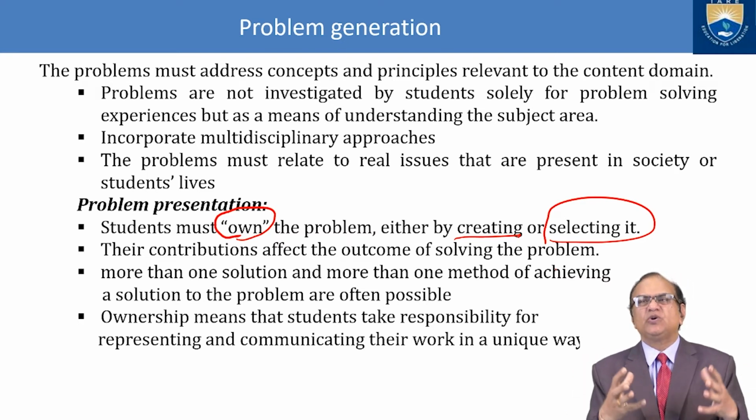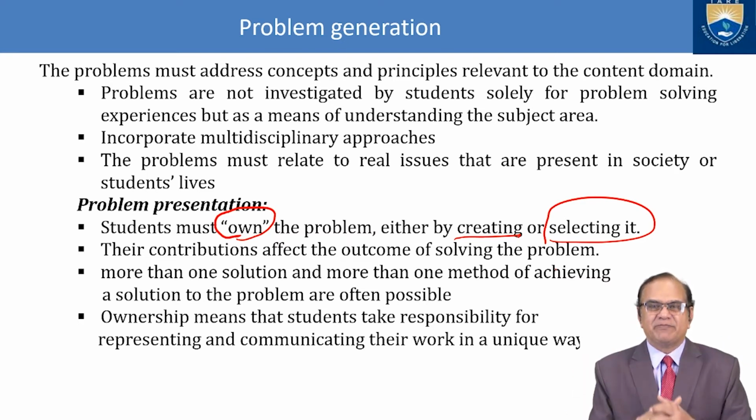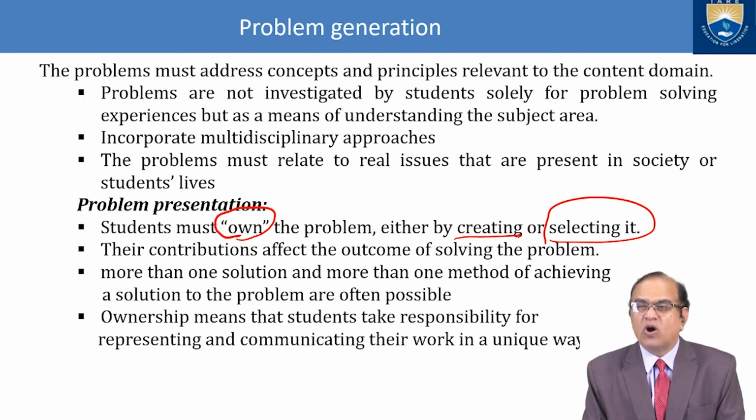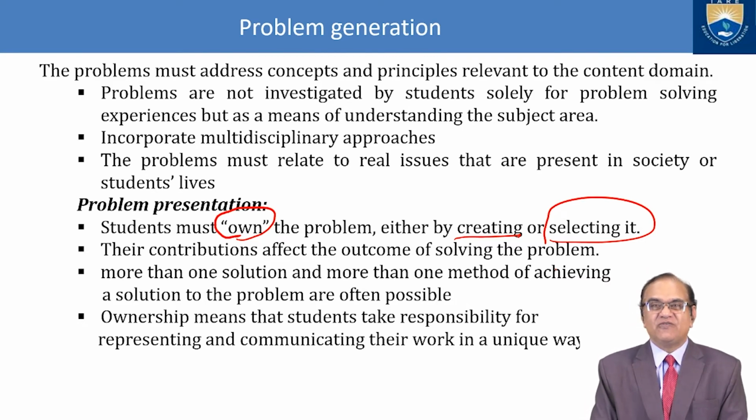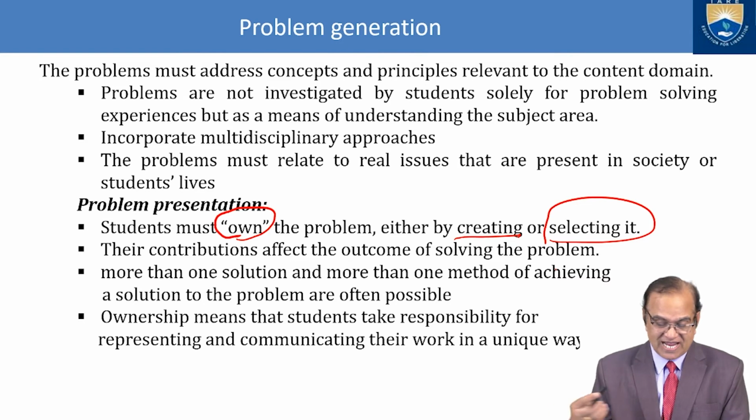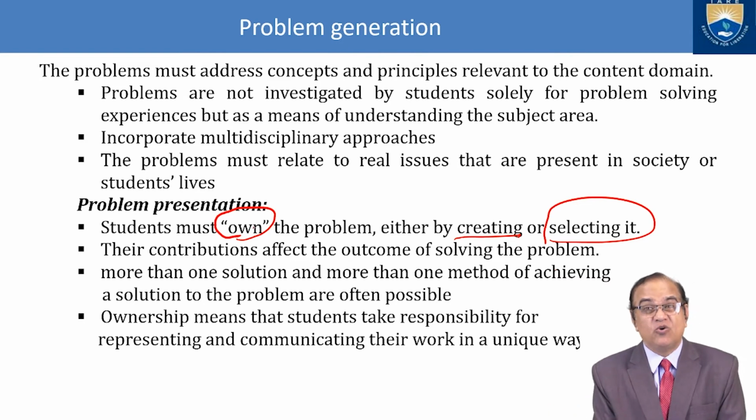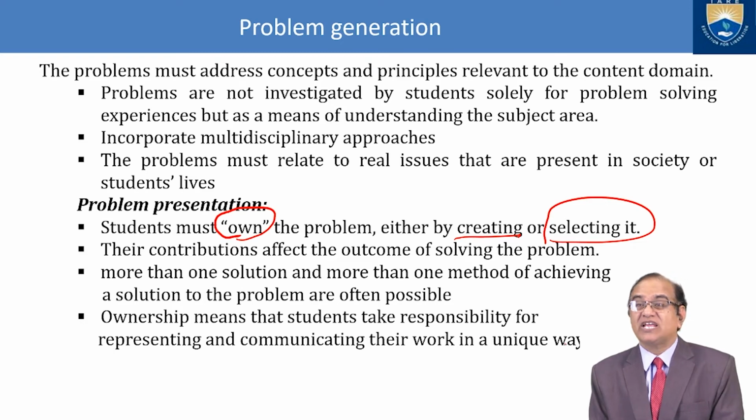You have to weigh all these issues and get the best out of that. Ownership means that students take responsibility for representing and communicating their work in a unique way. So in the first line, student must own. If they own this, it means the students take the responsibility for presenting and communicating their work in a unique way.